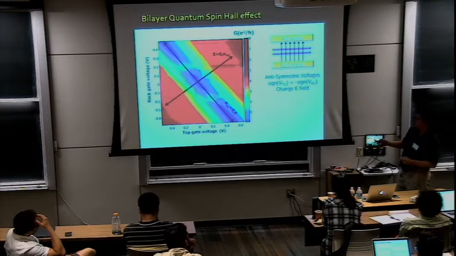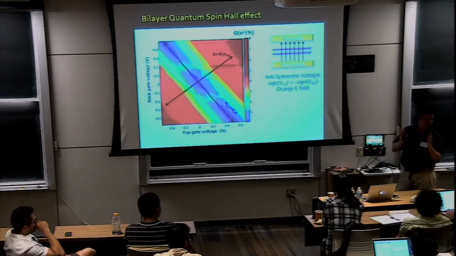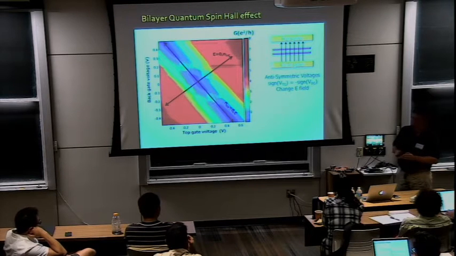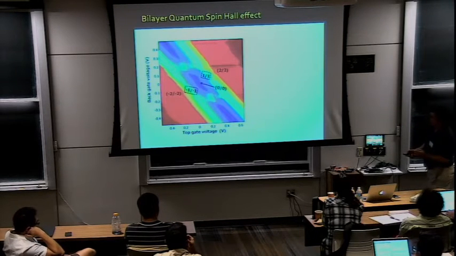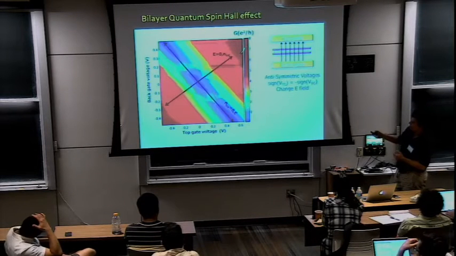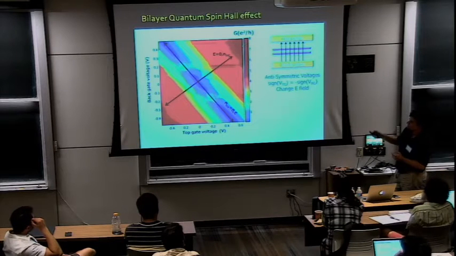So the most interesting direction to look at is this one, in which I keep global charge neutrality, but I'm polarizing my layers as I move away from that global charge neutrality. Before I say that, let me guide you a bit more in this map. Here we are varying total density, or global filling factor.